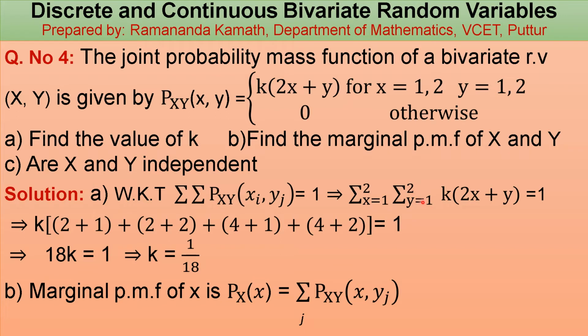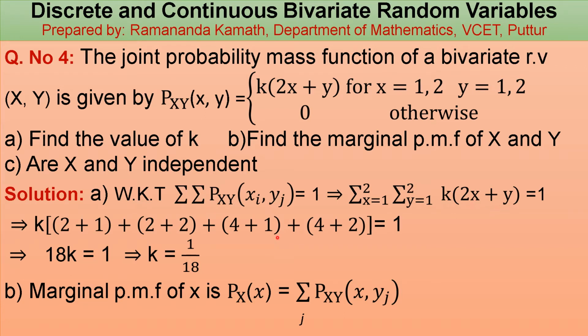So for x equal to 1, y equal to 1, it is k times, since k is a constant it is kept outside the bracket, 2x + y. Put x as 1 and y as 1, 2 + 1. Then with x as 1 and the next y value 2, 2 + 2.